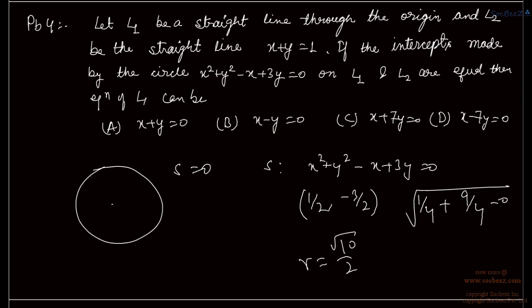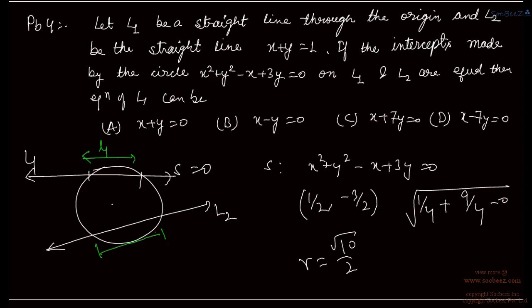Now we have a circle S is equal to 0, on which straight lines L1 and L2 make equal intercepts. So let us name this straight line L1 and say this is L2. Both straight lines make equal intercepts. That means this length, say L1, and this length, say L2.